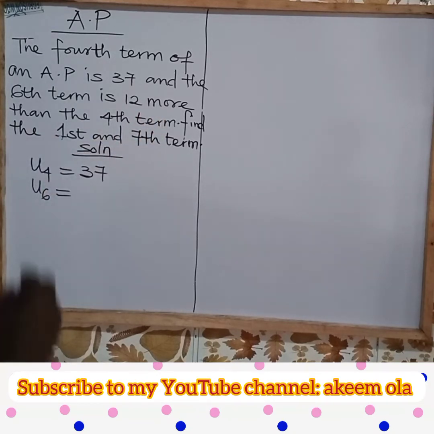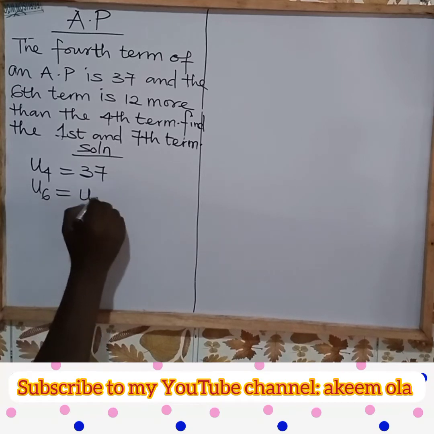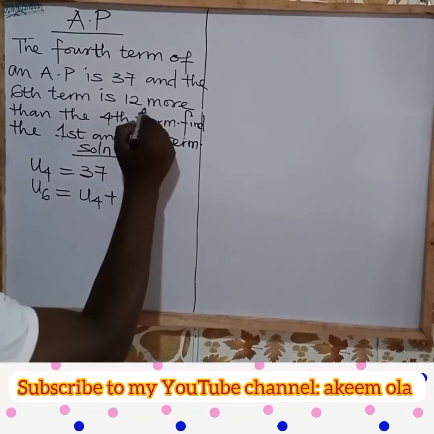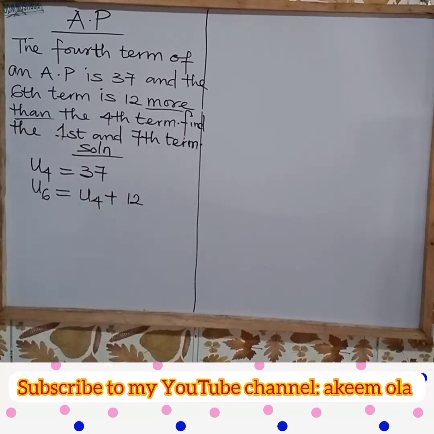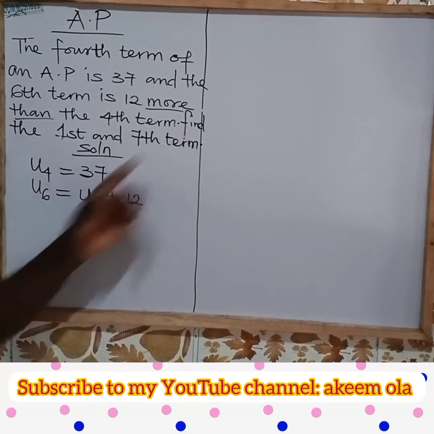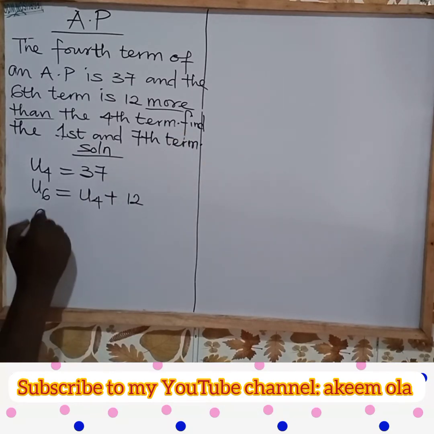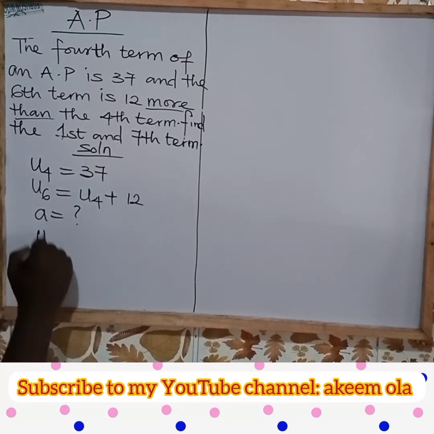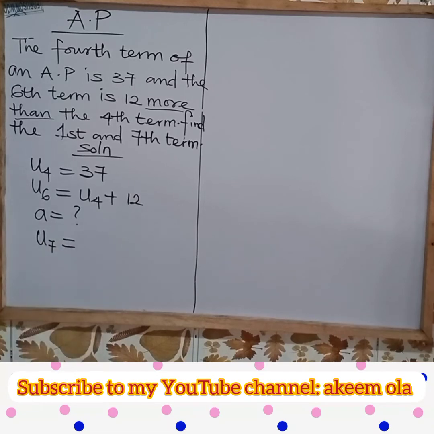That means we are going to have U4 plus 12. That is where the "more than" comes from: we add 12 to our U4. They now said to find the first term, so we are looking for A, and the seventh term, so we are looking for U7.